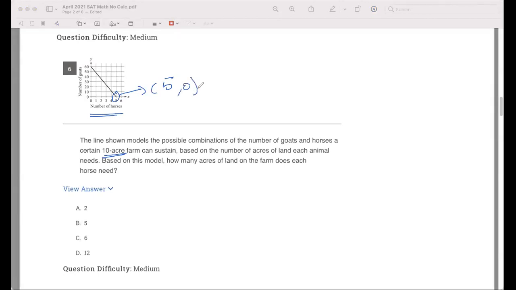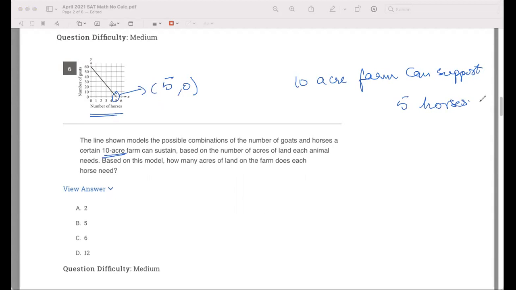I'm looking at the x-intercept, which means that the 10-acre farm can support 5 horses, right? It can support 5 horses if you just go with horses and you don't include any goats.